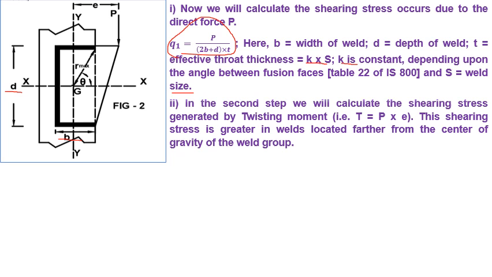Now the second step, we will calculate the shearing stresses generated by twisting movement. Twisting movement T equals force multiplied by eccentricity. This shearing stress is greater in welds located farther from the center of gravity of the weld group.